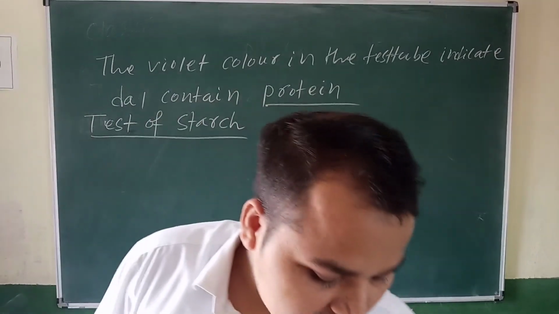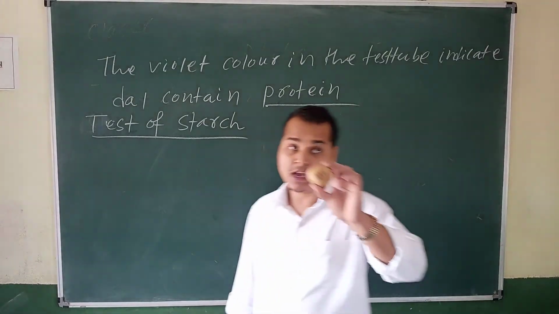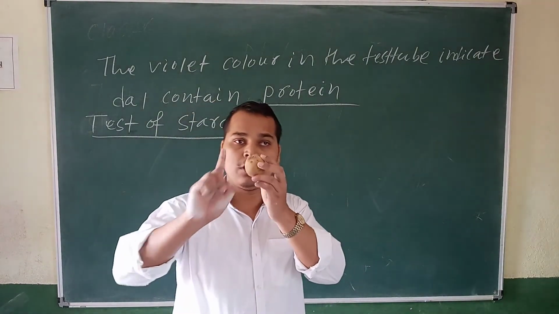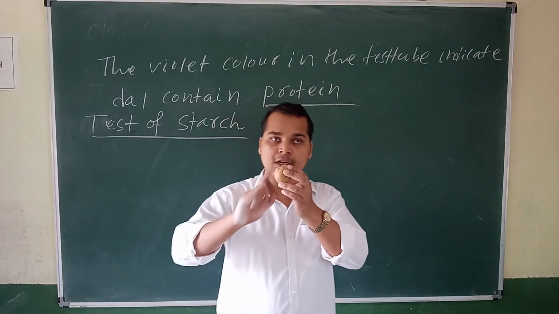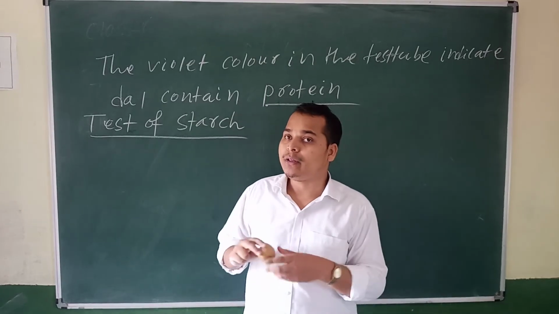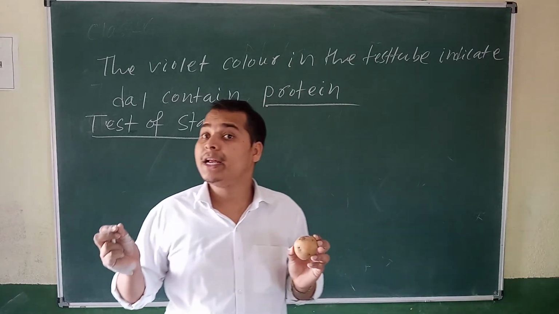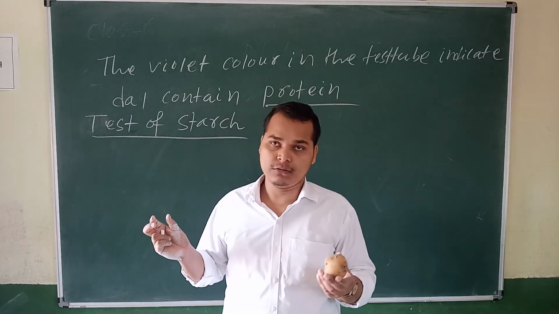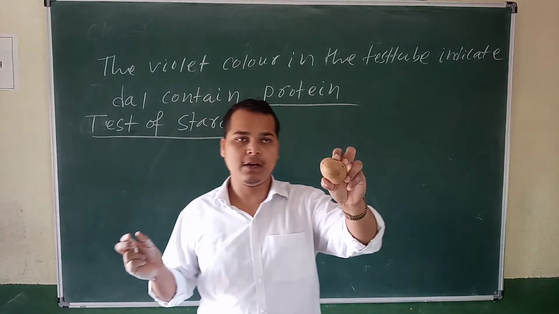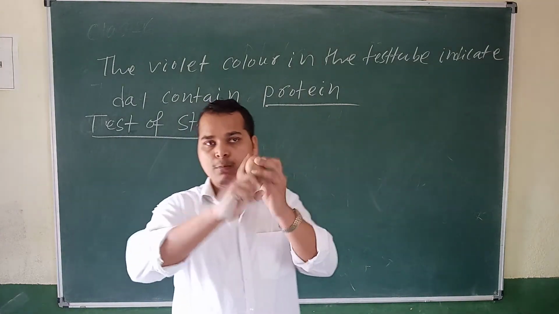So for the test of starch, you require potato. Yes. So I take potato. Okay, so you just cut or peel this potato and take a little bit of a piece. Some students say, sir, this is not carbohydrate, this is not starch, this is fat, because it is very fat.